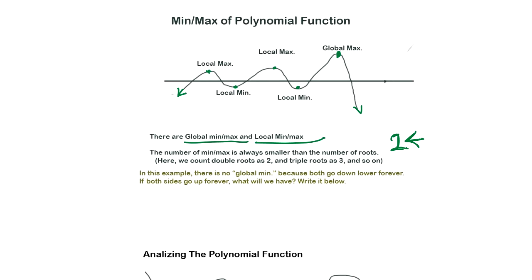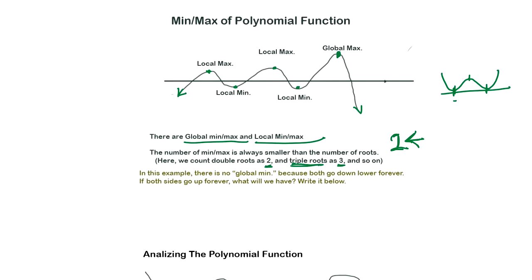Here we count the double root as 2 and the triple root as 3. So the root, even double or triple, we count 2 or 3. Then, say if you have double roots like this, we have local min and local max.